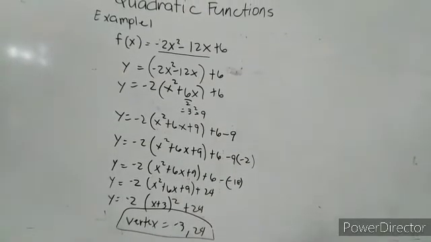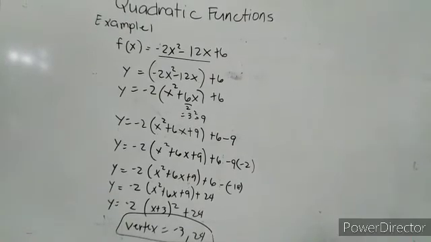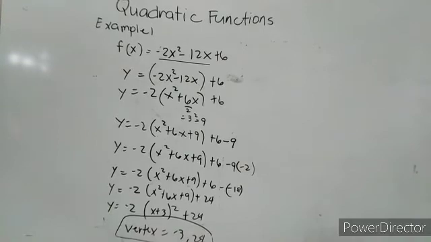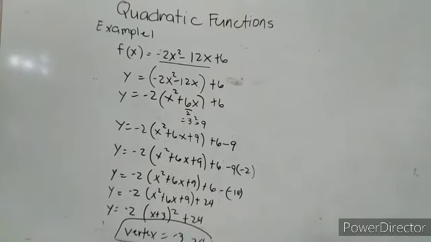Then we factor out the common factor, negative 2. Negative 2x squared divided by negative 2 is x squared. Then negative 12x divided by negative 2 is positive 6x. Then we add plus 6. That is the factoring.